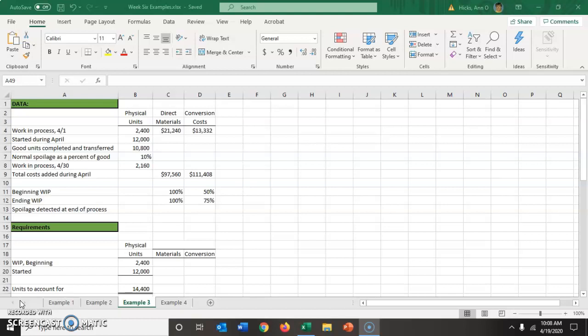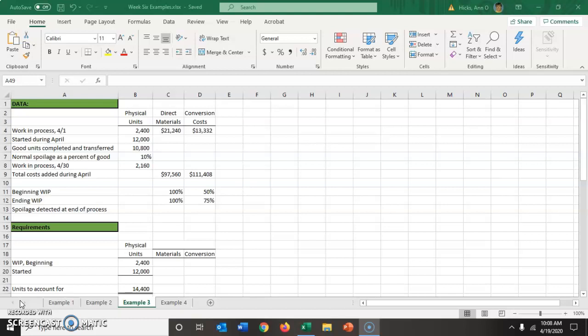That's considered normal spoilage. And so normal spoilage is typically rolled into cost of goods sold under the assumption that if I expect to lose 10% of my product, the cost of the 90% that is good should be the cost of all of it.